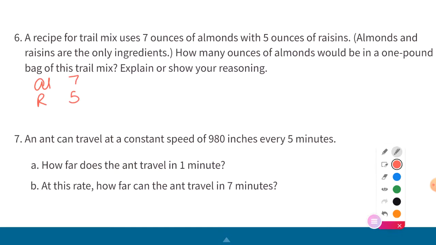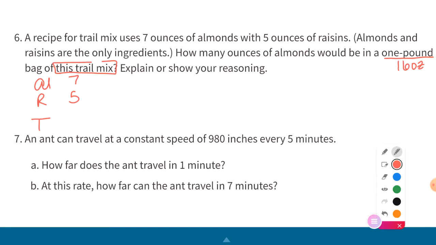And it says how many ounces of almonds would be in a 1 pound bag of this mix, which means they're mixing those two together. So the total is involved, but these are in ounces, so the total needs to be in ounces. 1 pound is how many ounces? So that's 16 ounces, and this one wasn't easy.